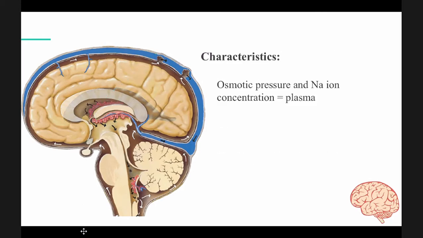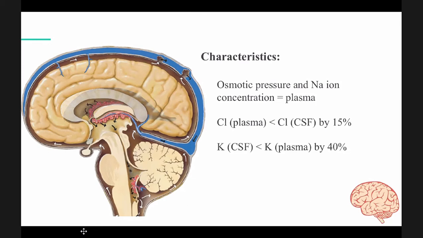So we have characteristics: the sodium ion concentration in the CSF is equal to plasma, whereas for chloride ion, there is more chloride in the CSF as compared to plasma. And in terms of potassium, there's a lesser amount of potassium in the CSF as compared to plasma. And in terms of glucose, there is less glucose in the CSF as compared to plasma.